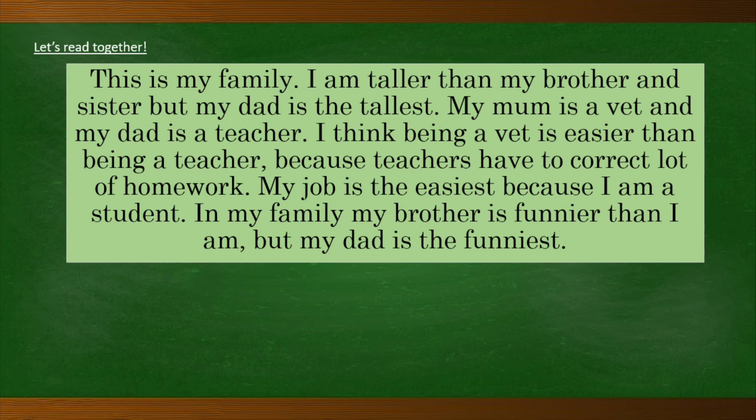My mom is a vet and my dad is a teacher. I think being a vet is easier than being a teacher because teachers have to correct lots of homework. My job is the easiest because I am a student. In my family, my brother is funnier than I am, but my dad is the funniest.